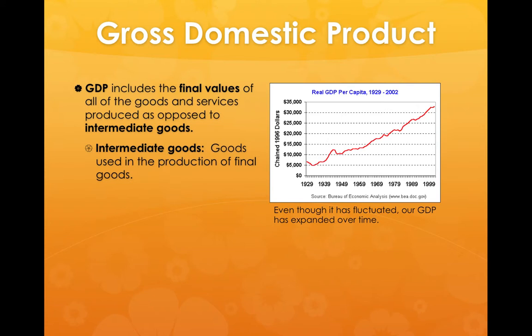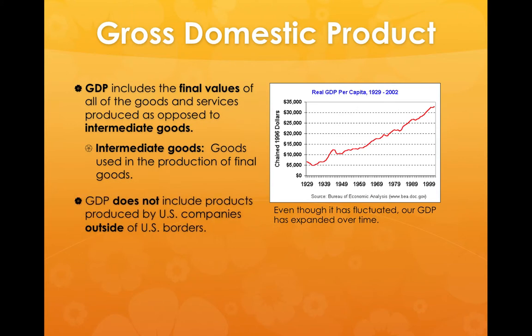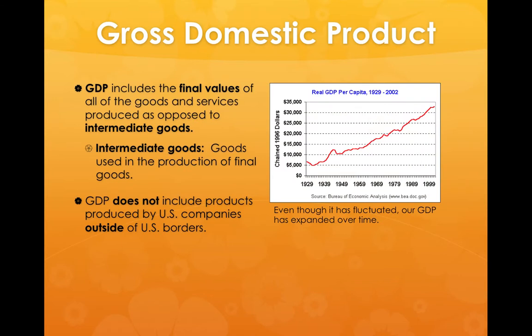Intermediate goods are goods that are used in the production of final goods. GDP does not include products produced by U.S. companies outside of U.S. borders. And as you can see, even though the GDP has fluctuated over the years, it has expanded with time. So the economy has and will continue to grow.